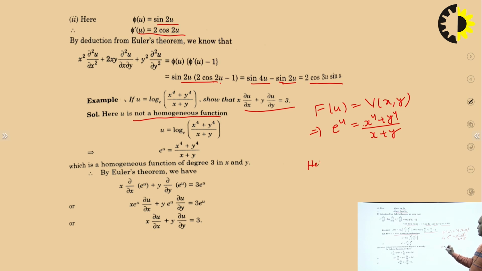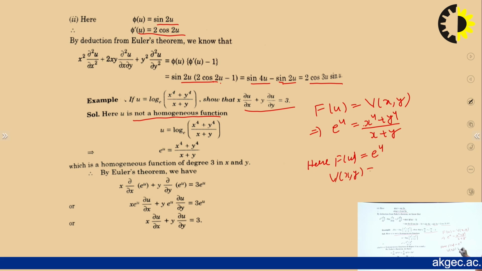Here f(u) = e^u and v(xy) = (x⁴ + y⁴)/(x + y), and this function is a homogeneous function of degree n = 3.